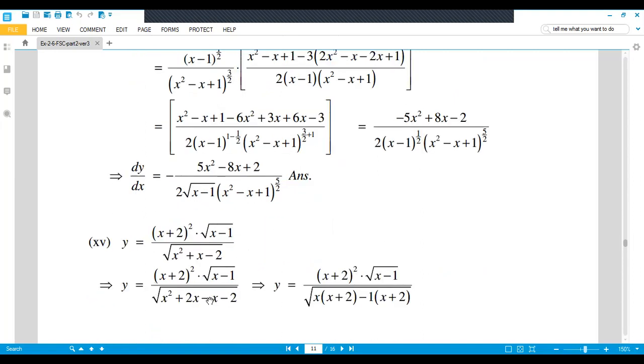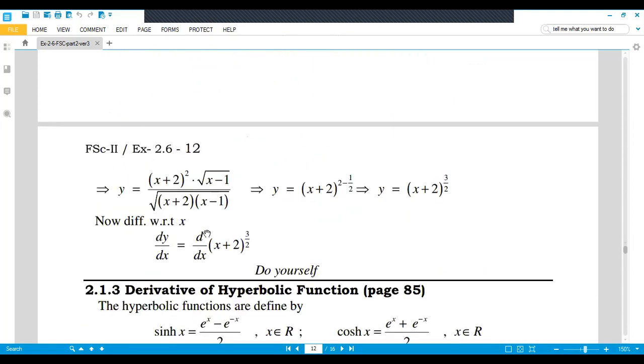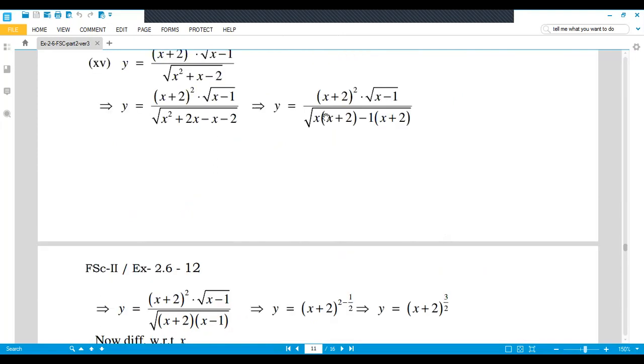Similarly, for the next question, again you factorize it by the PQ method. Here, when you multiply minus 2 with x square, you get minus 2x square. So choose the factors of minus 2 which give you the middle term: plus 2x minus x, and we get the factors.